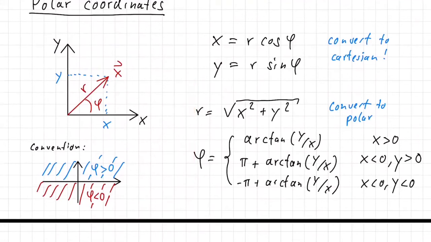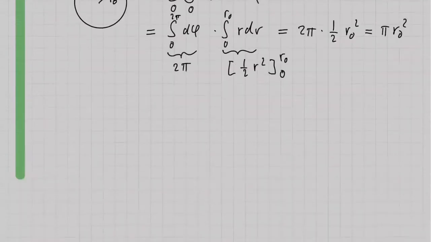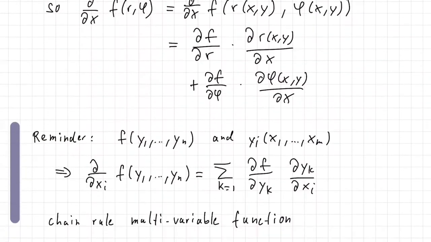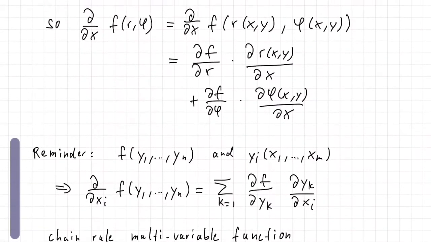So you need to take the derivative with respect to the square root of x squared plus y squared. That is relatively simple. And you also need to do this for the arctangent. There you might want to look up what the derivative of the arctangent is, but then it's also a simple calculation. And then you can easily calculate this expression here.